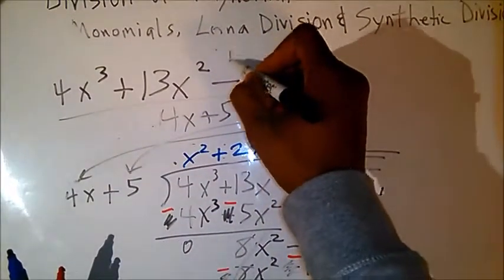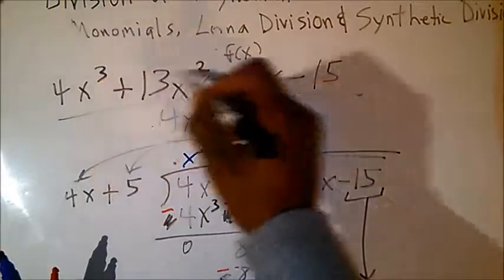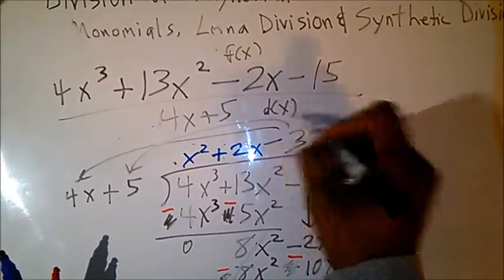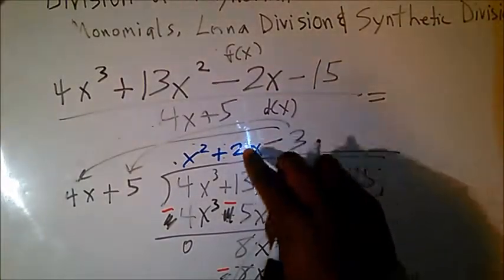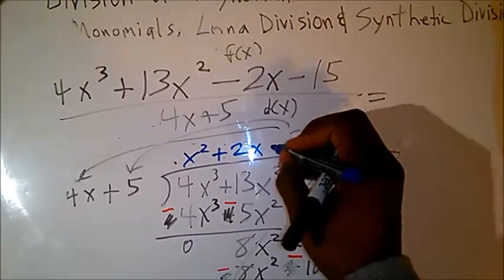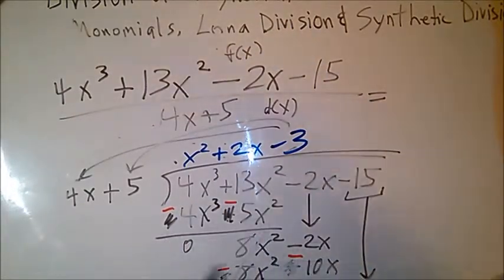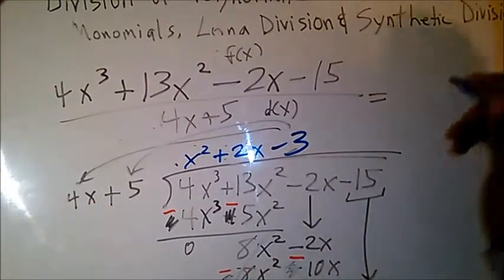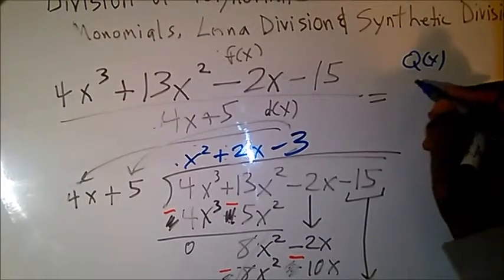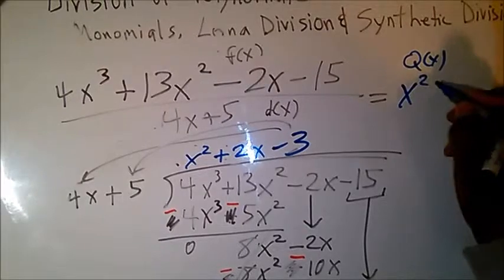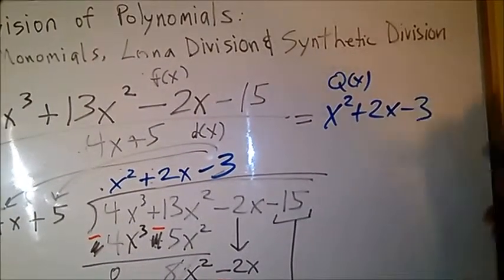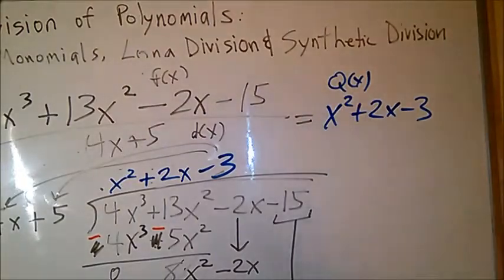We have here f of x on top, this whole long thing here, divided by d of x on the bottom, is equal to our quotient, which is x squared plus 2x minus 3, and the remainder is 0. So we're good.